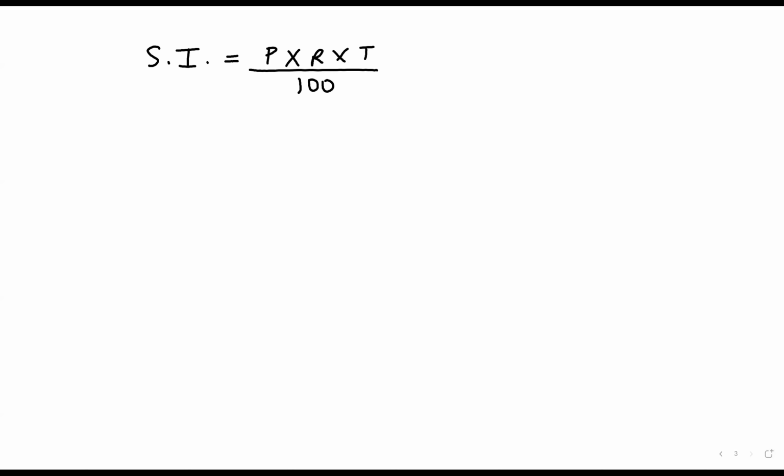If I wanted to make time the subject, so if I wanted to find t instead, I'll multiply the simple interest by 100 and divide that by principal times rate, and that would give me the time. And that's so for both principal and rate.